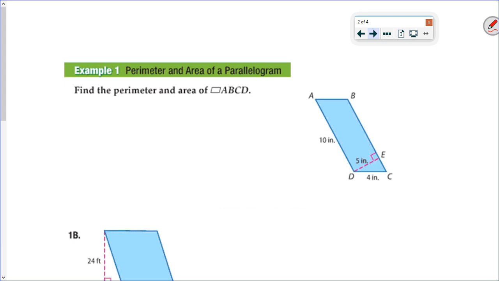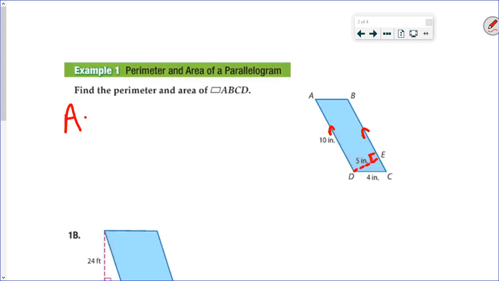Okay. So perimeter and area of parallelogram ABCD here. Find the perimeter and area. As we look, the segment that we're given, this 5-inch segment, is perpendicular to this set of bases. So that'll be the height we use.